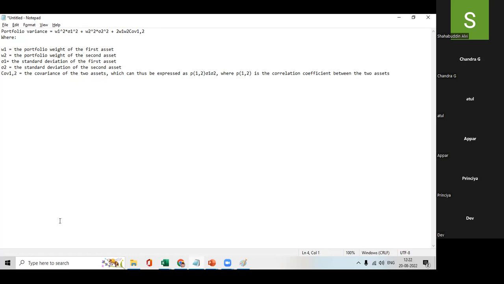Covariance is basically rho of 1, 2, that is correlation, into sigma 1 into sigma 2.